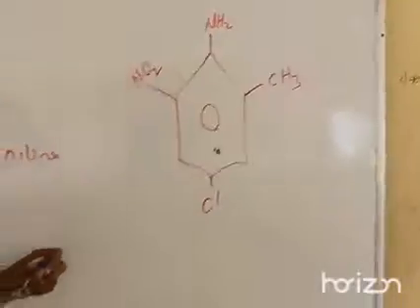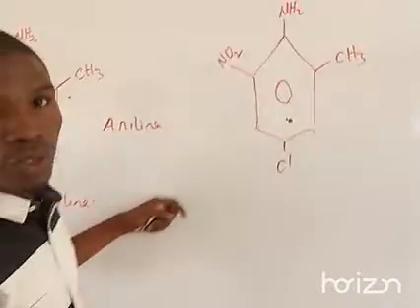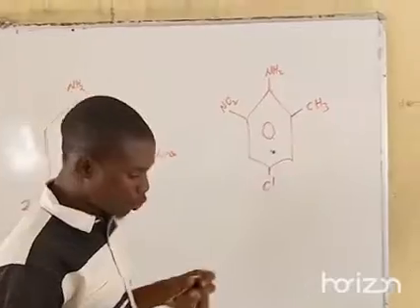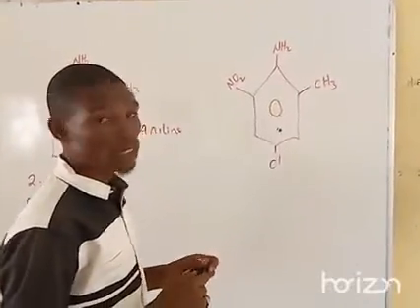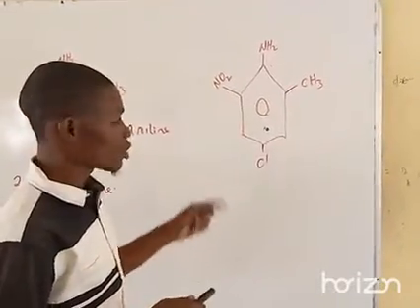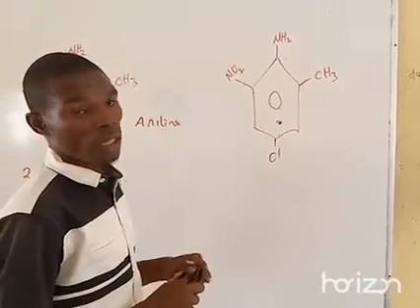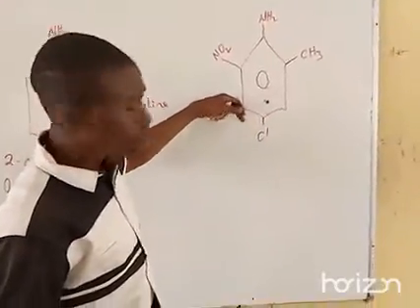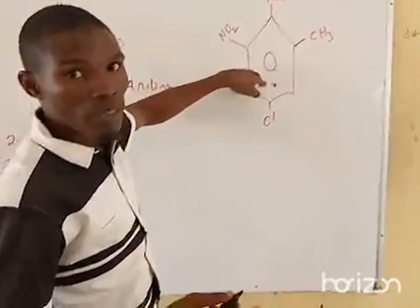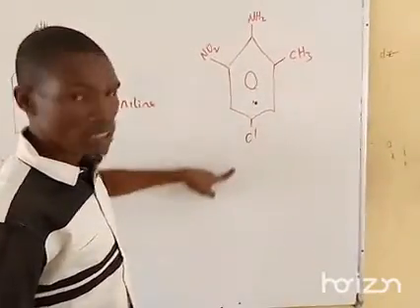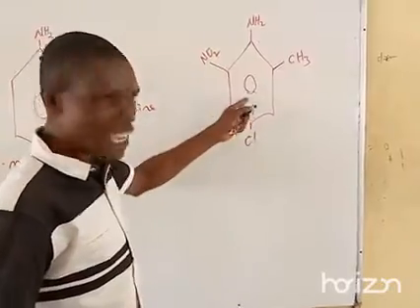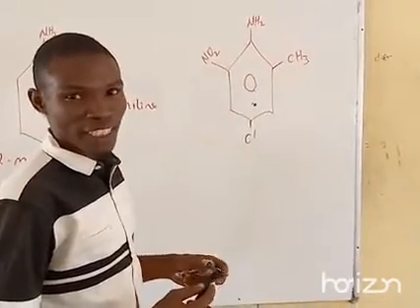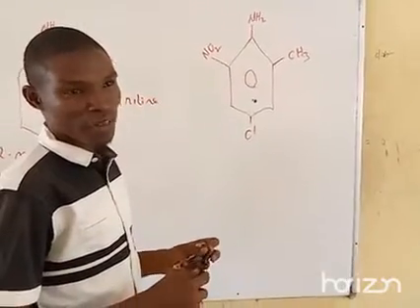So the highest electron releasing group here is NH2, which supplies by mesomeric effect, while others supply by inductive effect. Chlorine withdraws electron from this ring by inductive effect, but supplies it by mesomeric effect. It's just like saying I will collect 500 naira from you and give you 500,000 naira.